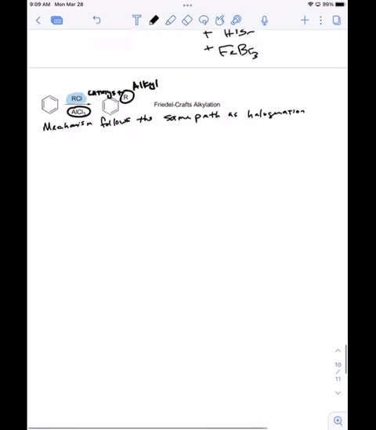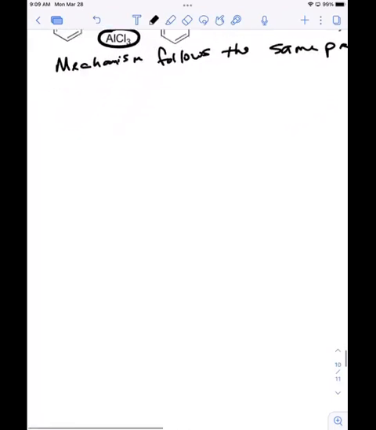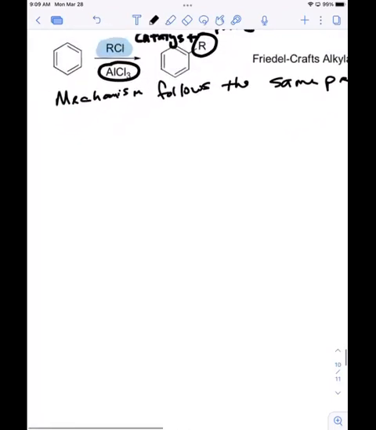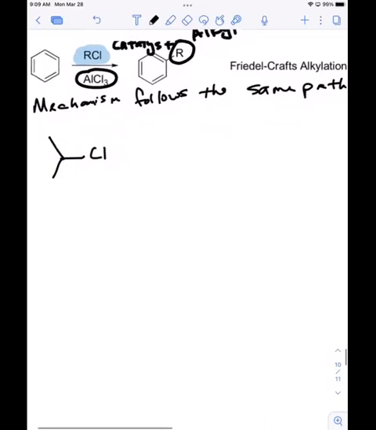So let's look at that for this reaction right here. We'll take our electrophile, 2-chloropropane, because it's a secondary carbon. The substitution pattern on carbon does matter.